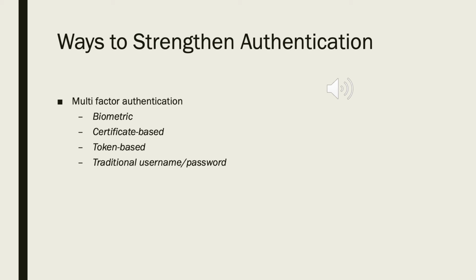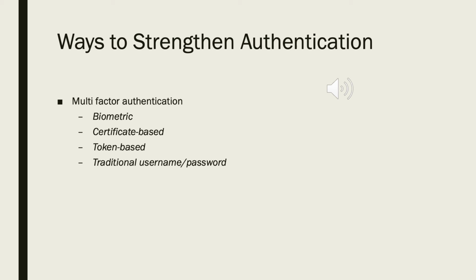There's something you have, something you know, something you are, and there can be something you do. So there has to be a combination of at least two of those that are used to successfully authenticate into a system.